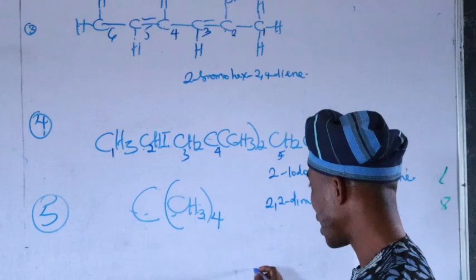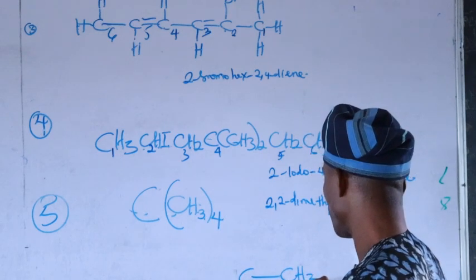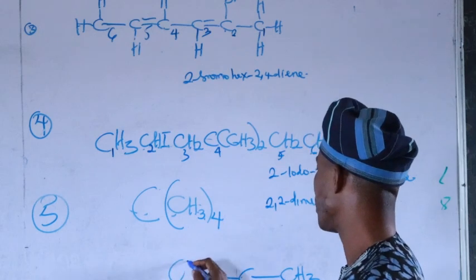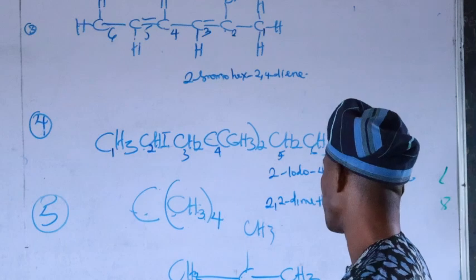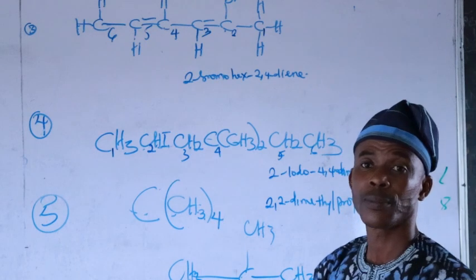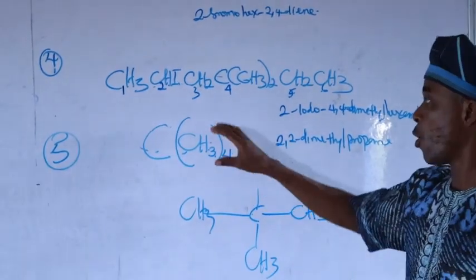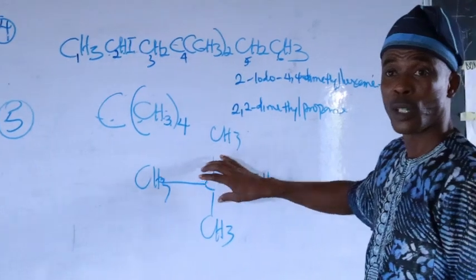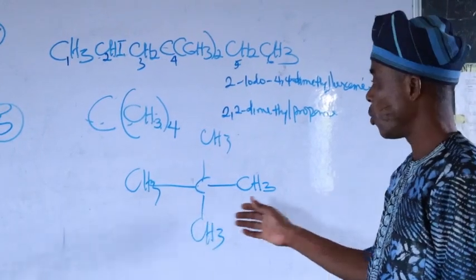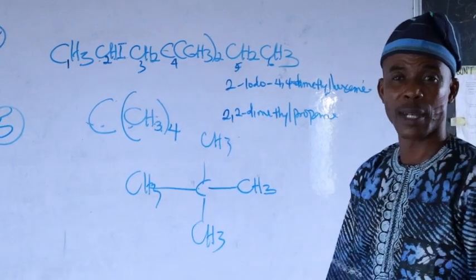You can write it like this: 1 methyl to the left, 1 methyl to the right, 1 methyl up, 1 methyl down. 4 methyl groups attached to 1 carbon atom. This is the carbon atom.